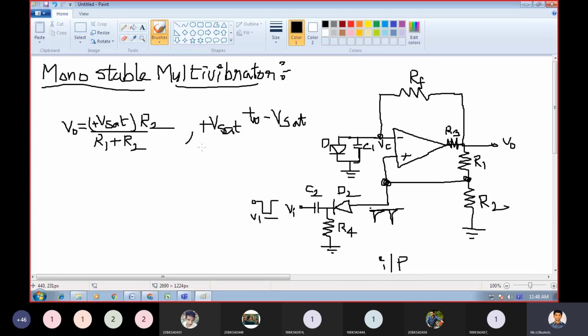The voltage at the positive input terminal is now V naught equal to minus V saturation into R2 by R1 plus R2.